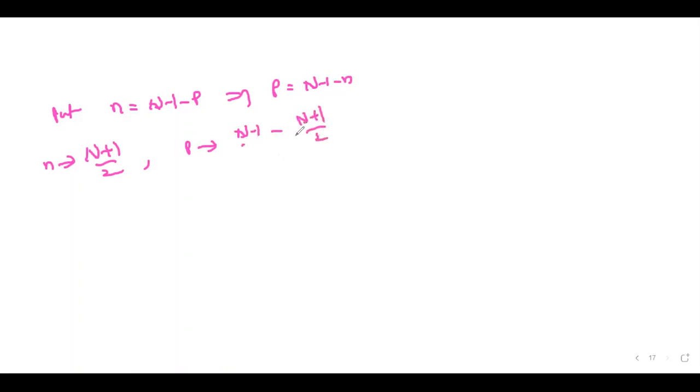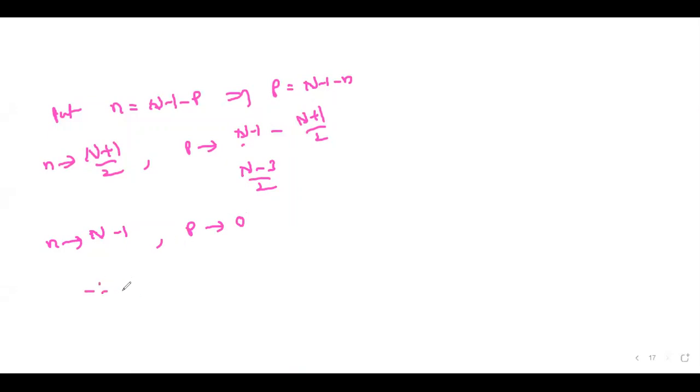This will give you (2N minus 2 minus N minus 1) by 2, so it will give (2N minus N), and it will give you (N minus 3) by 2. And next, upper limit as n tends to N minus 1, this p tends to 0.